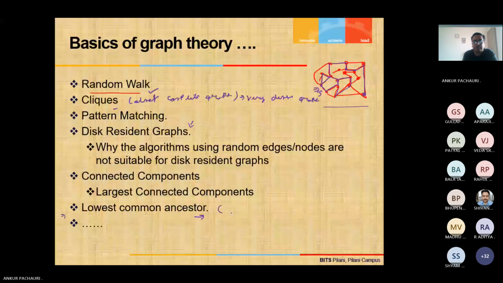Or we can say, finding the distance between two words in a graph. Suppose I have a text, and texts are hyperlinked.